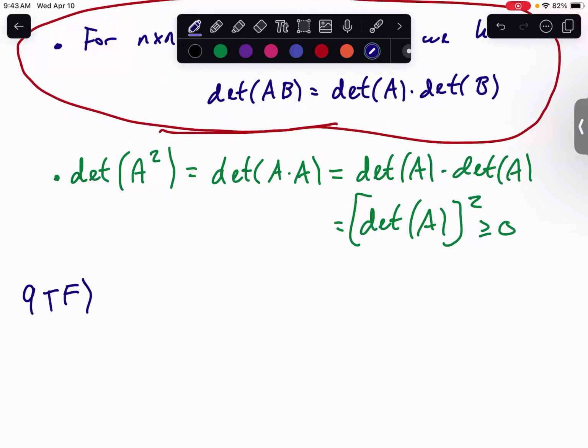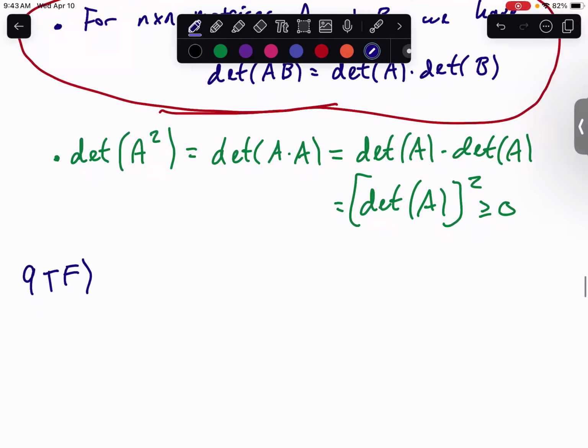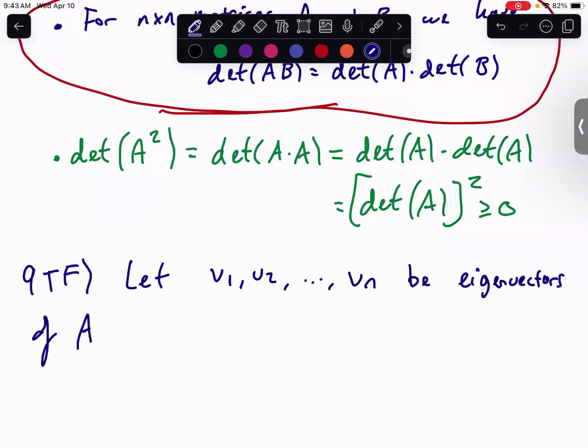So for 9 true and false, it asks: any linear combination of a set of eigenvectors with shared eigenvalue lambda of a matrix A, is it again an eigenvector of A with eigenvalue lambda? Okay, so we're going to let V1, V2, all the way up to Vn be eigenvectors of A with eigenvalue lambda.